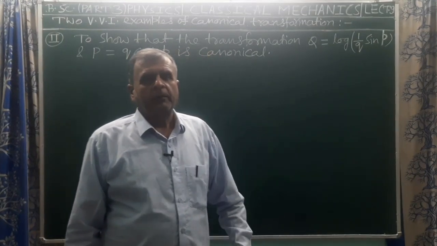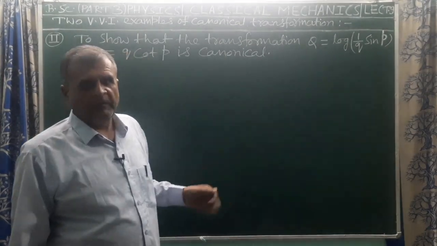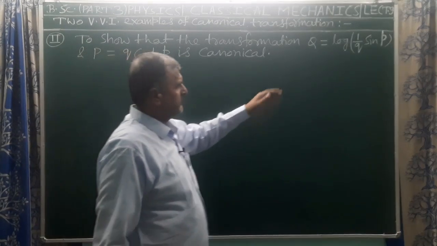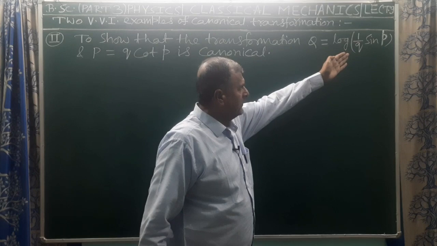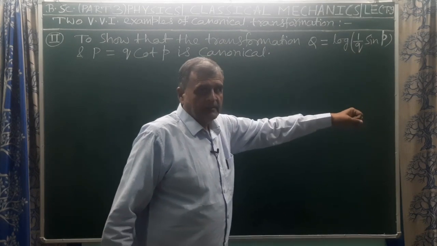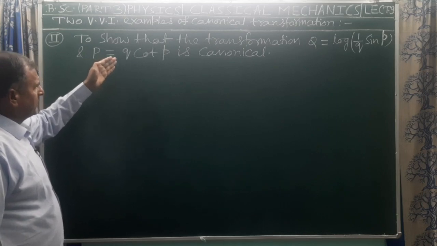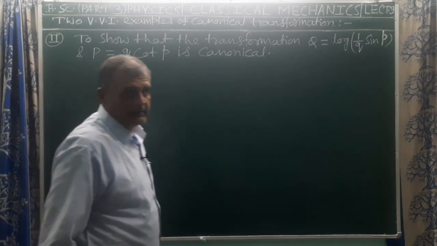Now we have to solve the second example of the given canonical transformation, which is to show that the transformation capital Q equals log under bracket 1 by a small q sin a small p bracket closed, and capital P equals a small q into cot a small p is canonical.